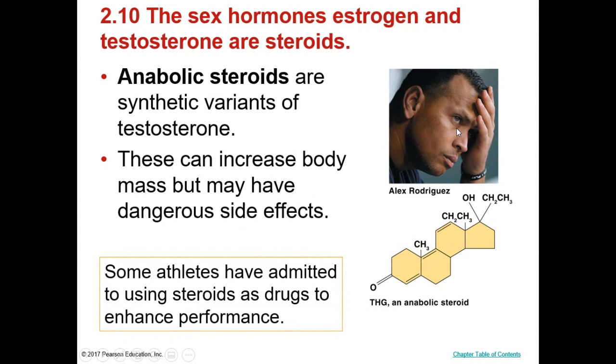Over time, these athletes stop their natural production of GnRH, FSH, LH, and testosterone or estrogen, and they can actually damage their bodies, right? They can suffer from the underproduction of those hormones.